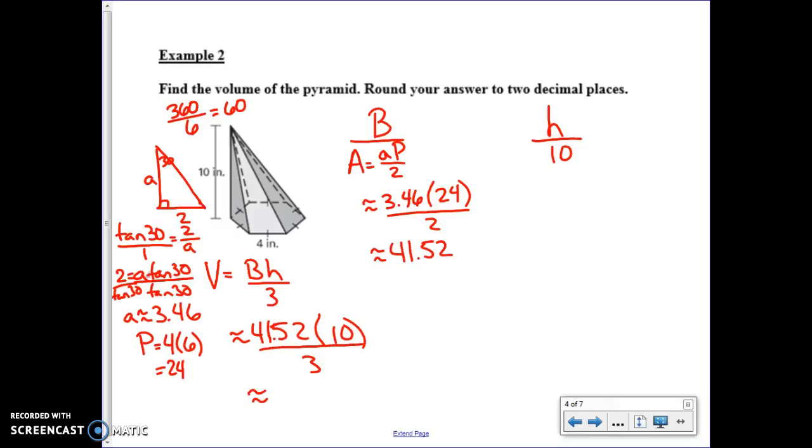And I get approximately 138.4 inches cubed. And it says to round to the nearest 2 decimal places, but depending on where your significant figures are and how you rounded to begin with, you may only end up with 1 decimal place there.